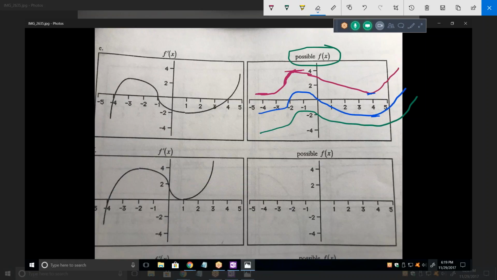Actually, the way I figured out this concavity should be right based on that picture. In other words, from -4 to -3, my slopes are increasing, right? That part right there is concave up. If my slopes are increasing, I'm concave up.